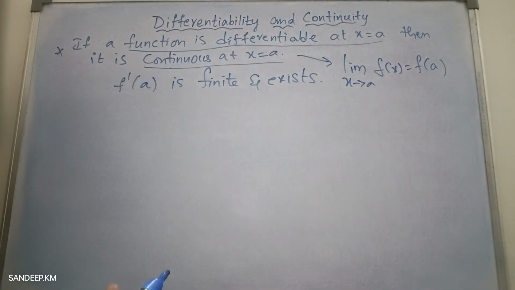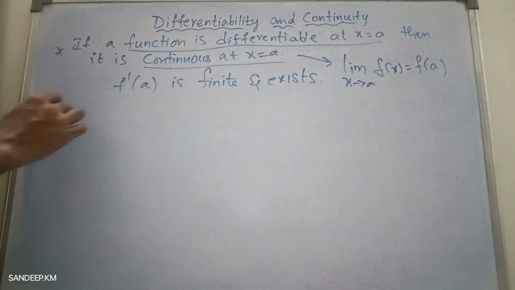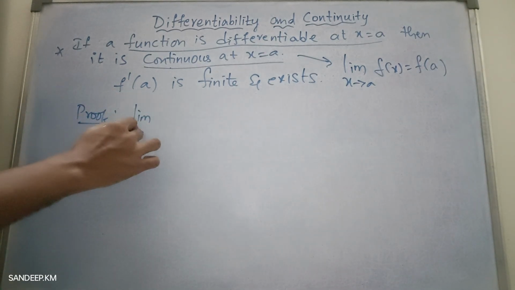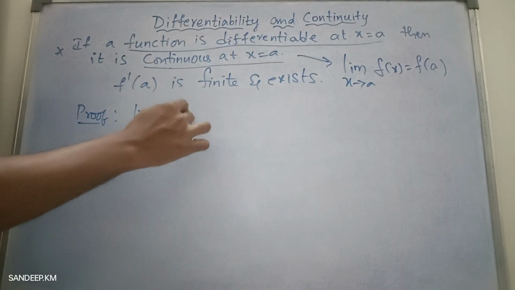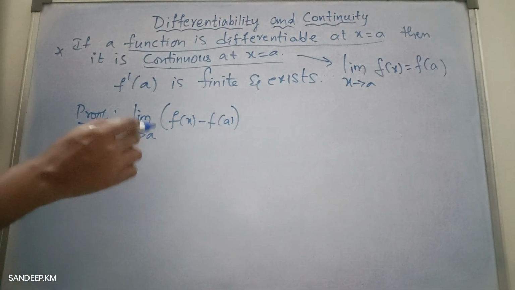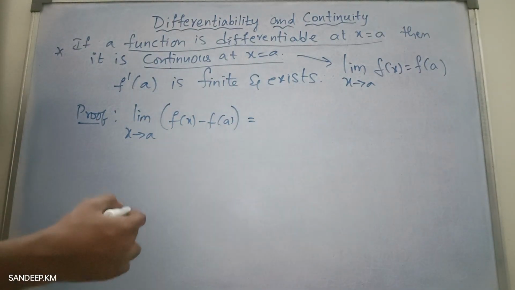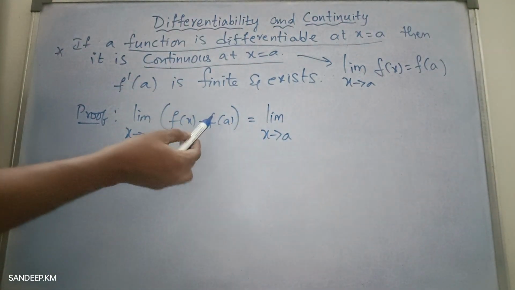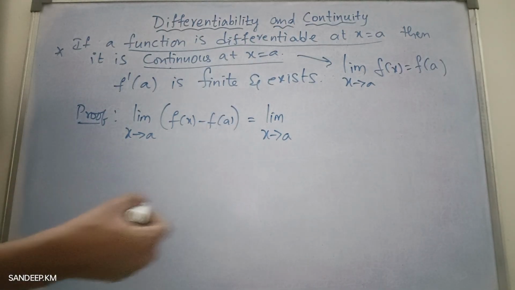It's a very simple statement. Let me consider the limit as x approaches a of f of x minus f of a. Let me consider this particular mathematical term, which is equal to the limit as x approaches a. Dear students, I am going to multiply the numerator and denominator with x minus a.